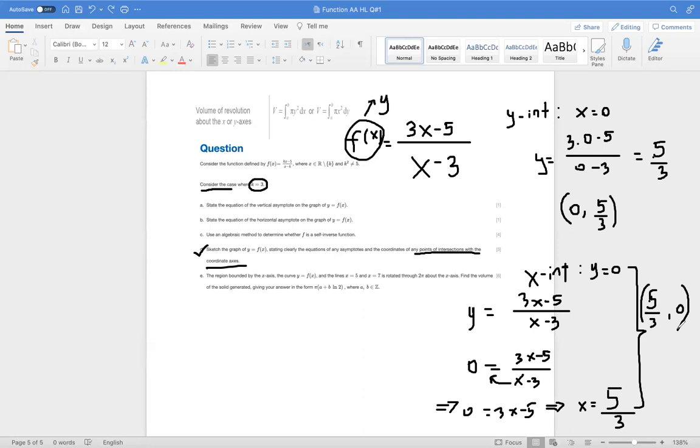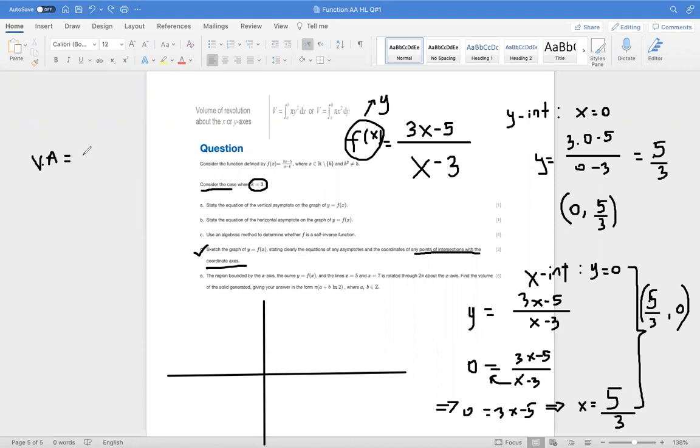Okay. Now, once we get this, the next part is to draw the diagram or sketching this. Let's do it. First of all, we have vertical asymptote from the previous question, which was x equal to k.